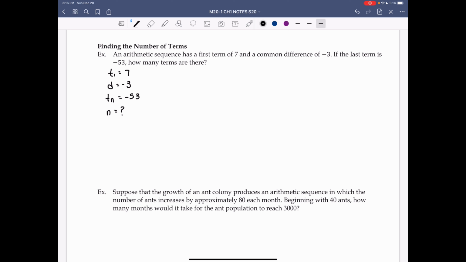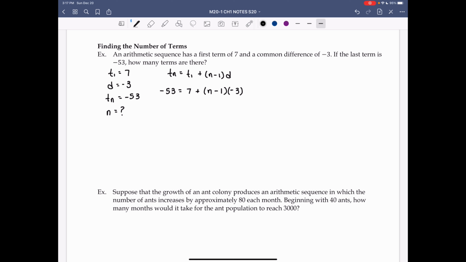Write out our general term, Tn equals T1 plus n minus 1 times D. Fill in what we know. Tn is negative 53, equals T1 is 7, plus we don't know n, minus 1, and D is negative 3.